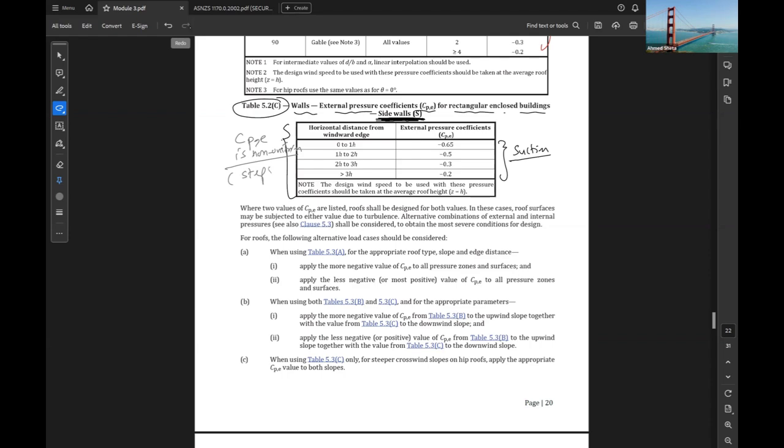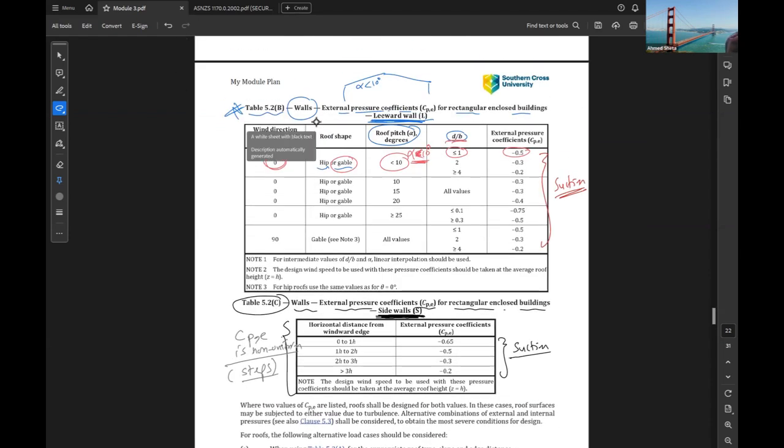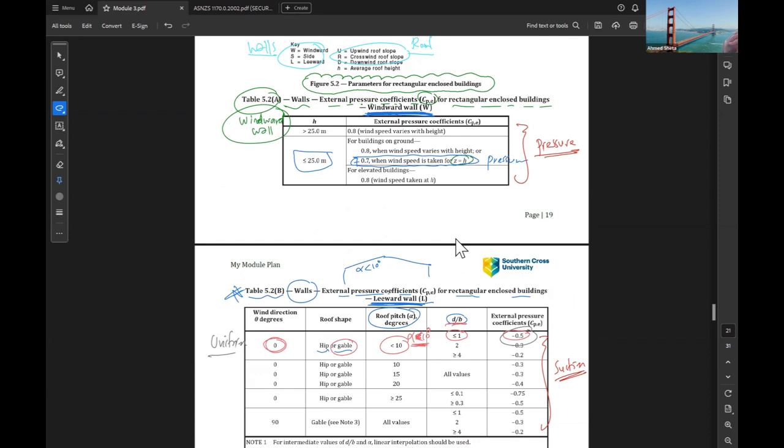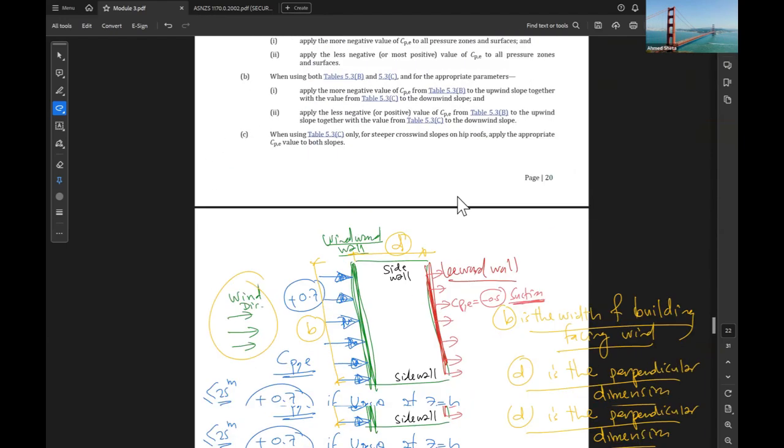It will be steps. But for the others, for leeward, it will be uniform because it is only one value. And also for the windward, it will be uniform because we have only one value. This is very important.